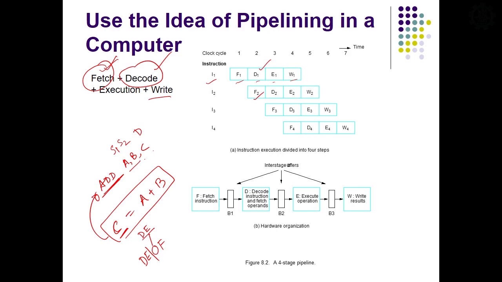And if you see in the fourth time unit, the 4 hardware units are really working simultaneously. One instruction is write back, another instruction is execution, another instruction is decode, another instruction is fetch. So, after 4 time units, you see that every one clock cycle one instruction will be executed.